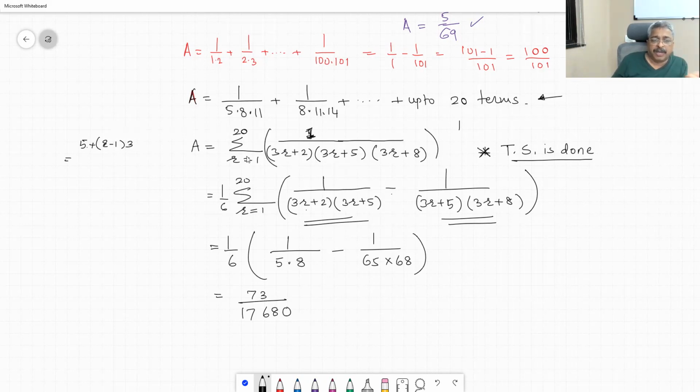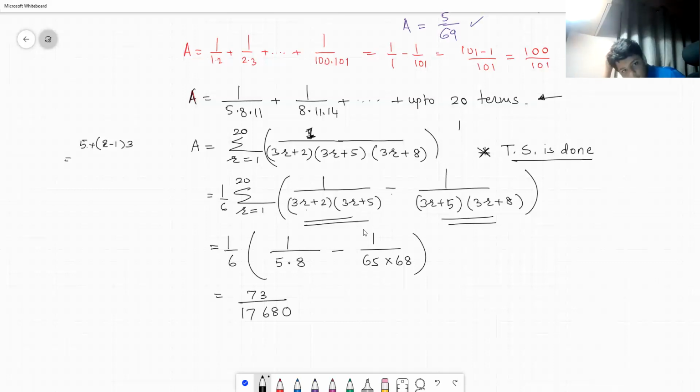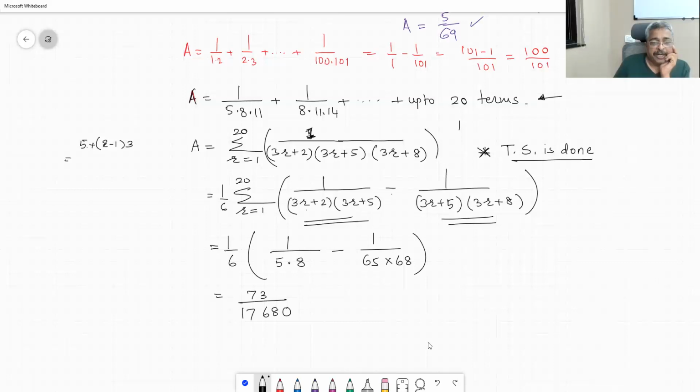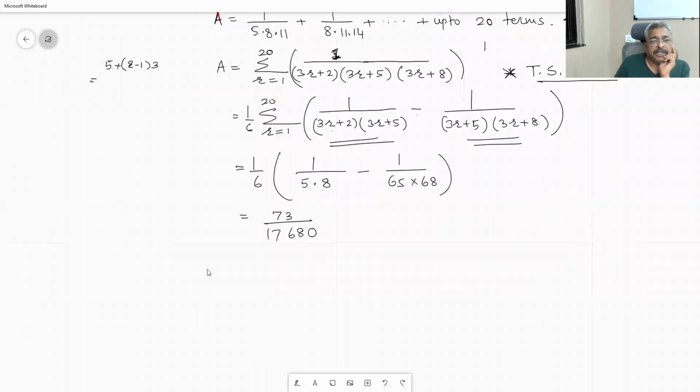If you want to write sigma, then the general term goes inside, and the index goes from r is equal to whatever smaller number to larger number. So that is the additional trick which this particular problem is teaching us.